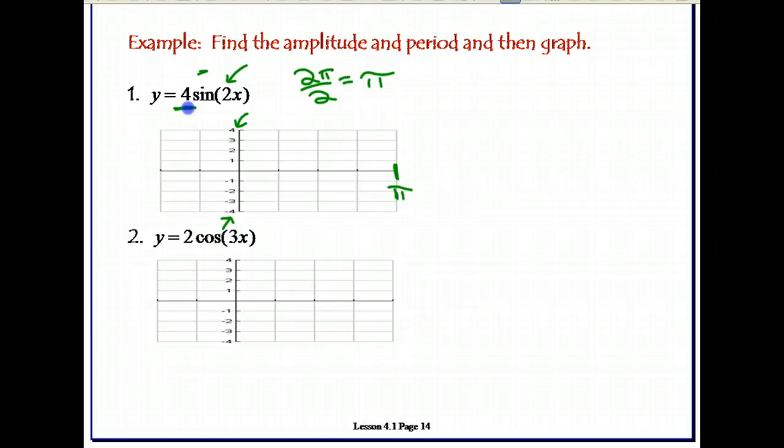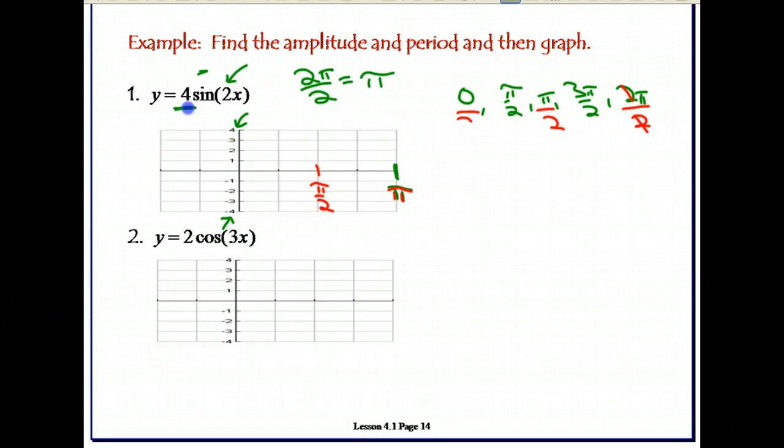Then I had all these key points. Remember we had 0, pi halves, pi, 3 pi halves, and 2 pi. Well, guys, every single one of these gets divided by 2. So I divided that by 2, and I had my pi right there. Here, I divide it by 2, and what used to be pi is now pi halves.